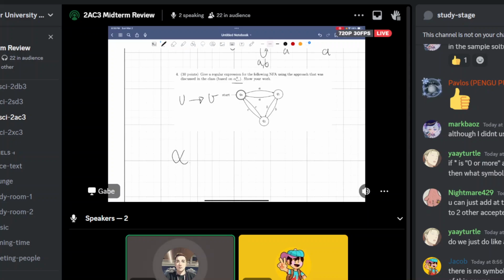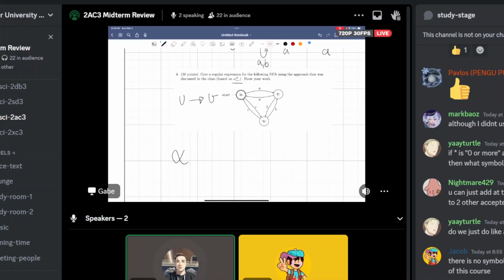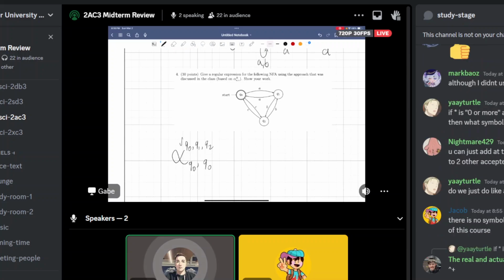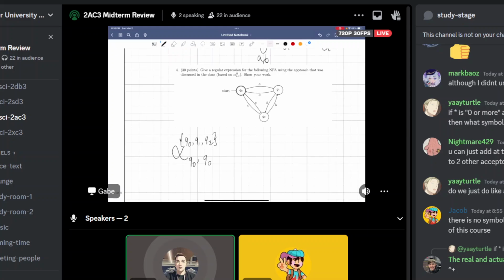So you represent it that way with the U and V at the bottom and the R at the top, specifically to represent the start state and the finish state, which in this case are both Q0 and Q0, and you pass through all states in the NFA, which are Q0, Q1, Q2.